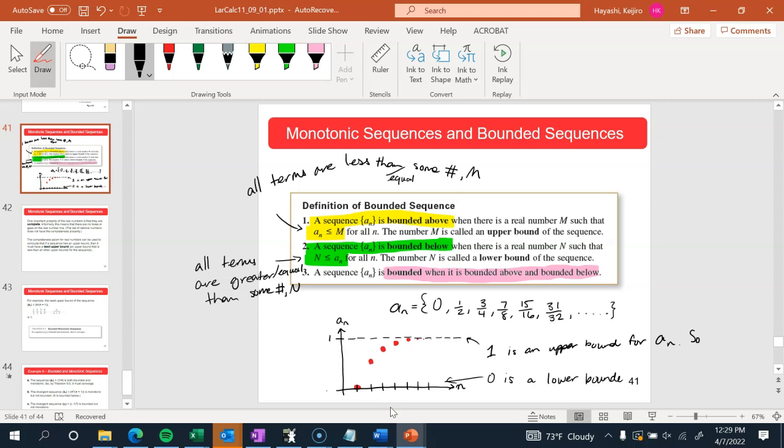So 1 is an upper bound, but so are 2 and 3 and 100 and 999,999. Those are all upper bounds because those are all numbers that the sequence is completely below.